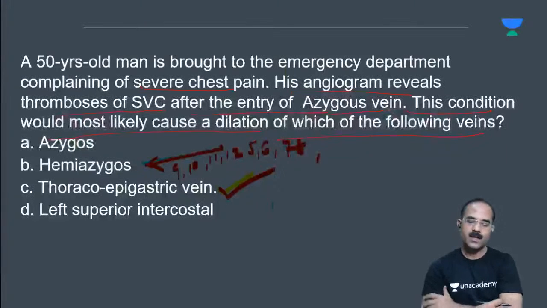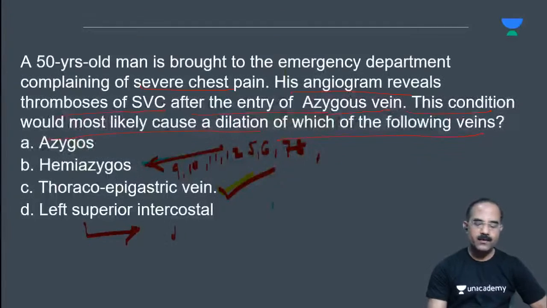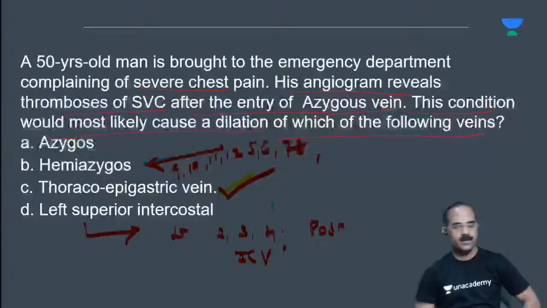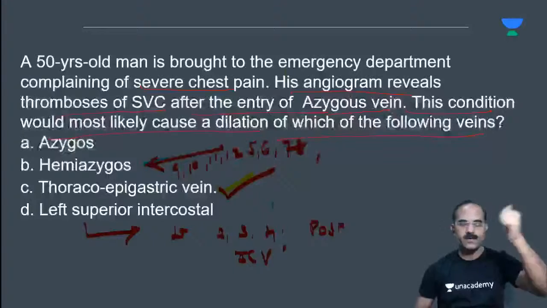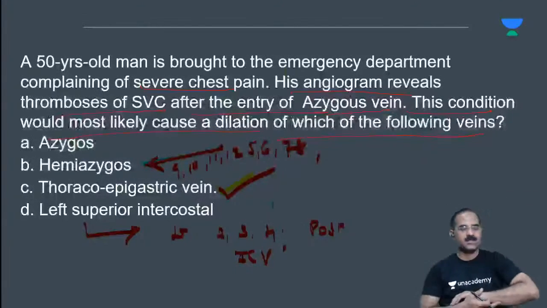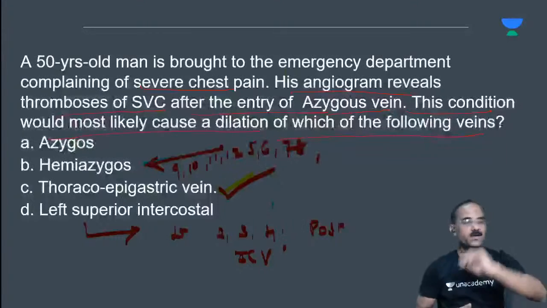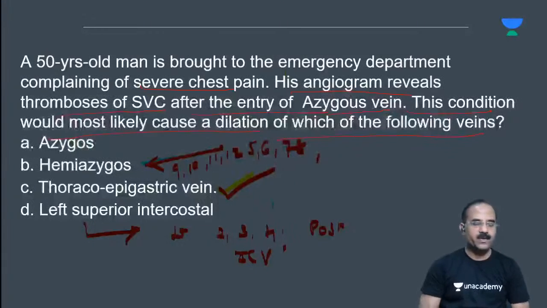Hemiazygous. Okay. What is the left superior intercostal vein? How is it formed? The left superior intercostal vein is formed by the joining of left second, third and fourth posterior intercostal veins. And the left superior intercostal vein drains into what? Come on, answer this, all of you.